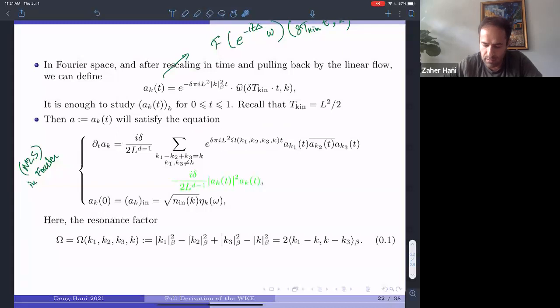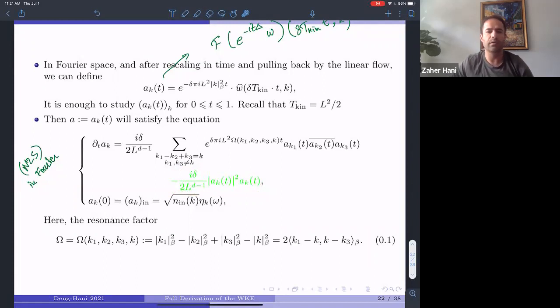Okay, so you see here a factor of delta L squared. Again, this is because we have rescaled time so that we are working on the interval [0, 1] rather than the interval [0, delta times the kinetic time scale]. There's an extra factor here that is not very important, and it acts as an error term for most of the argument, which is the case when k1, k2, and k3 are all equal to k.